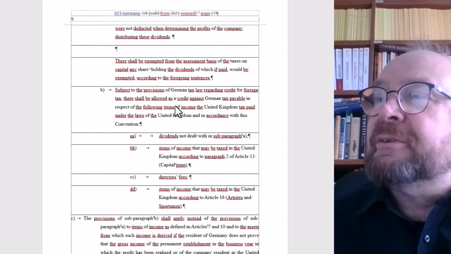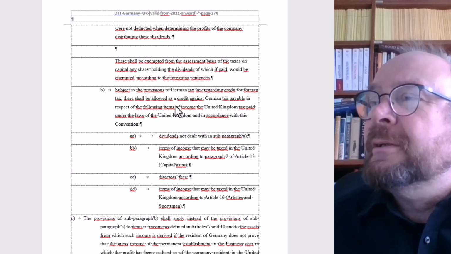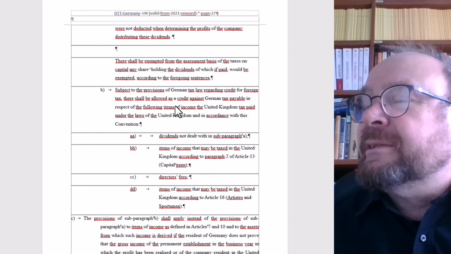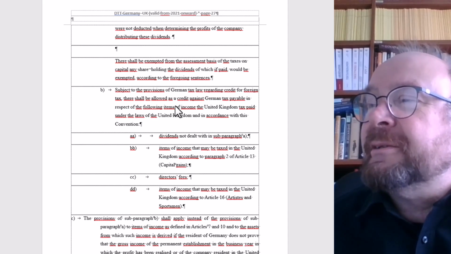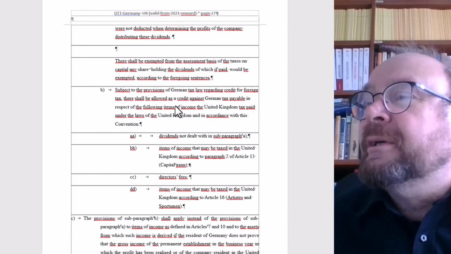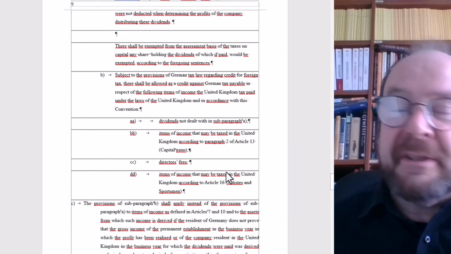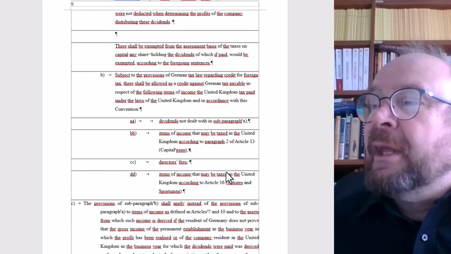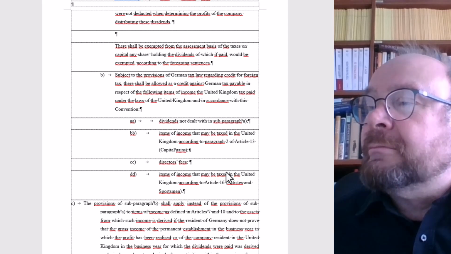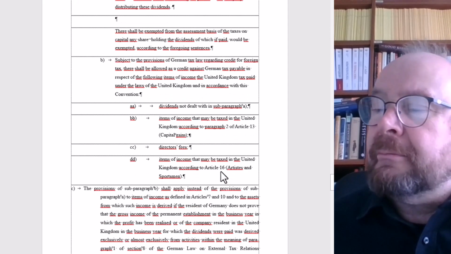Subparagraph B, subject to the provisions of German tax law, and so on. A credit instead of an exemption is granted for dividends, items of income that may be taxed in the UK according to paragraph 2 of Article 13, certain capital gains, directors' fees, and items of income under Article 16, artists and sportsmen, so that doesn't apply.